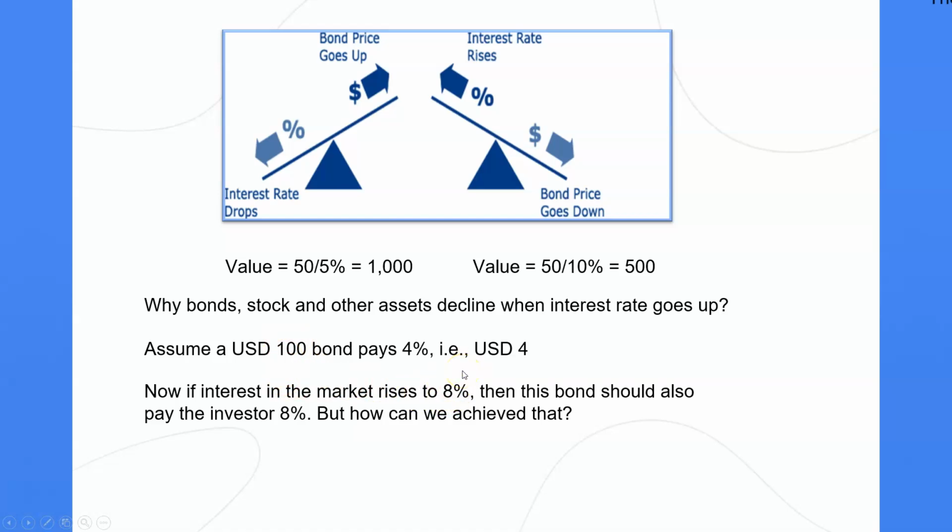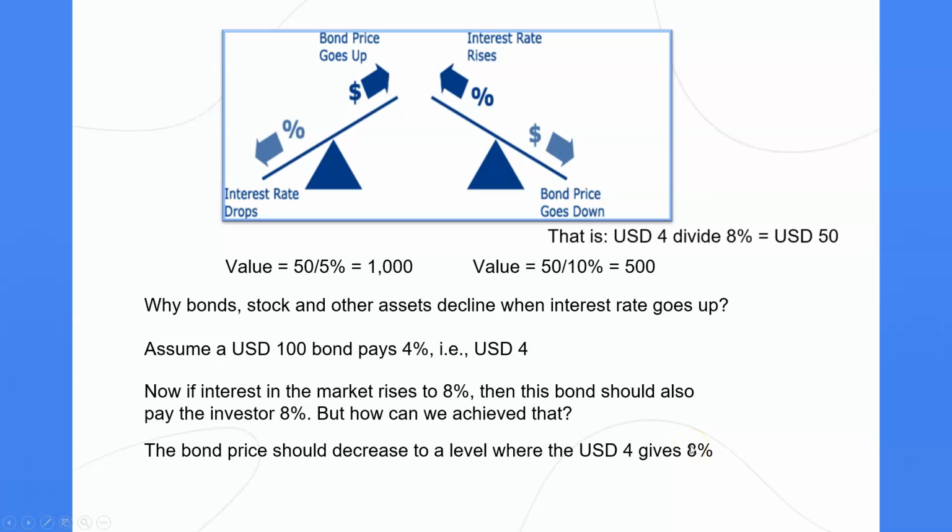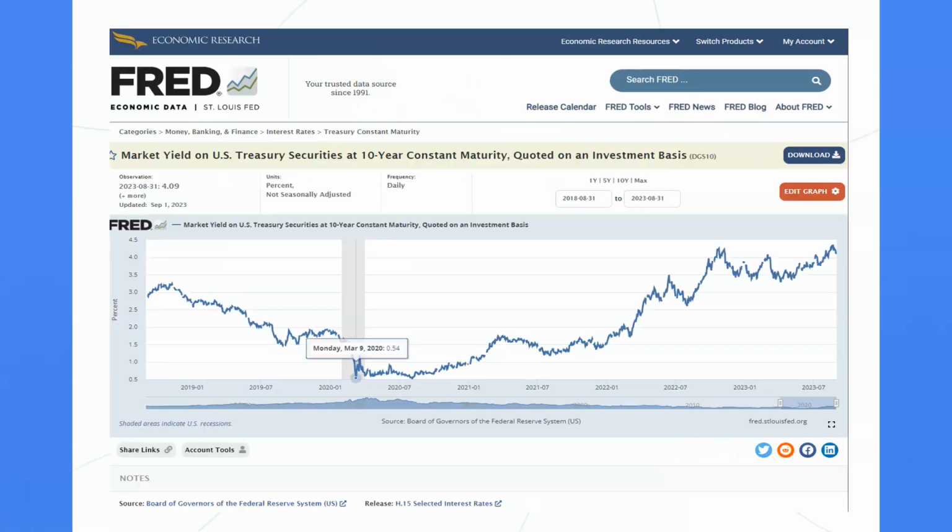The only way to do this is to decrease the value. So the price should go to a level that gives the $4 a percentage of 8%. This is simply 4 divided by 8%. The value is now 50. The bond value will go down in the market to $50, so that the $4 I receive annually equates to 8%, similar to the market.